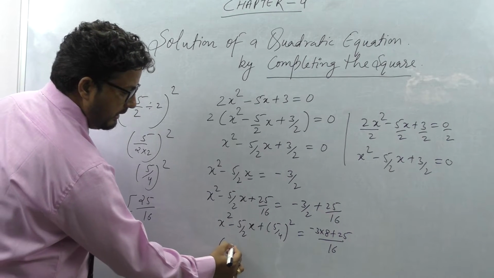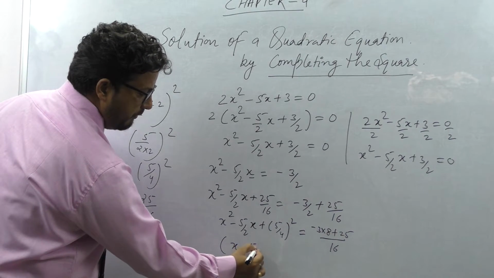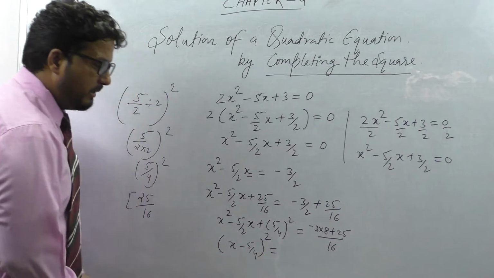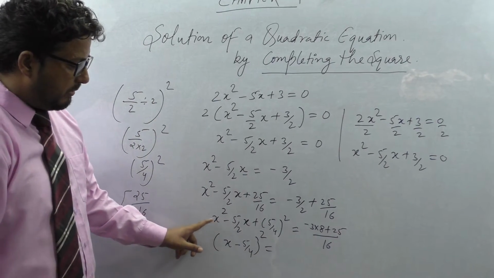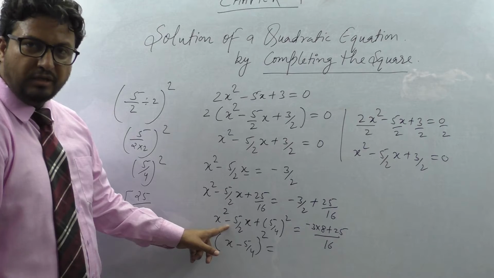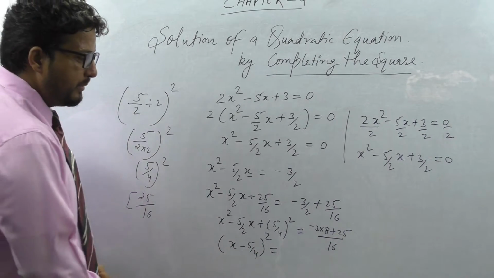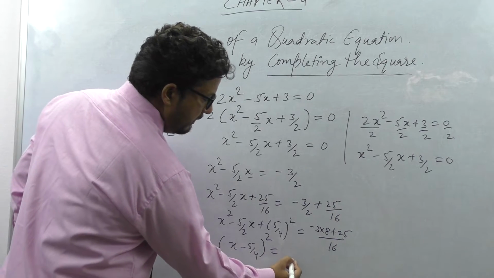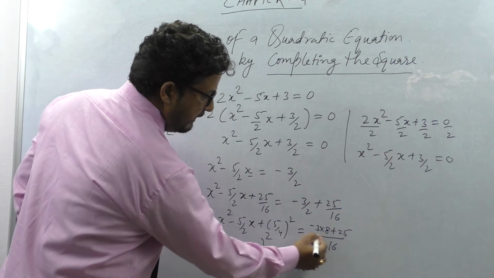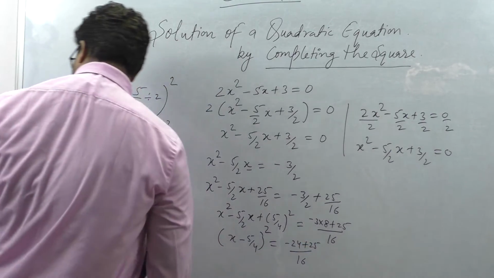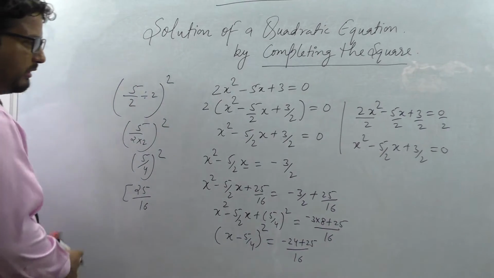Here it becomes x minus 5 by 4 whole square, because of the formula a square plus b square minus 2ab. And on the right, the LCM is 16, and 8 into 3 is minus 24, plus 25. I hope up to here no confusion.